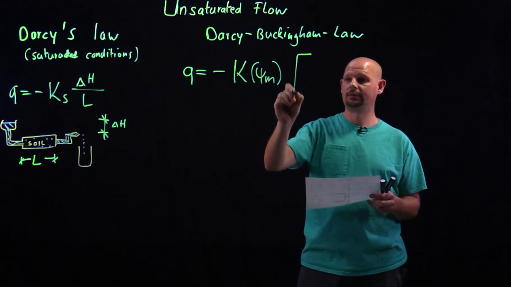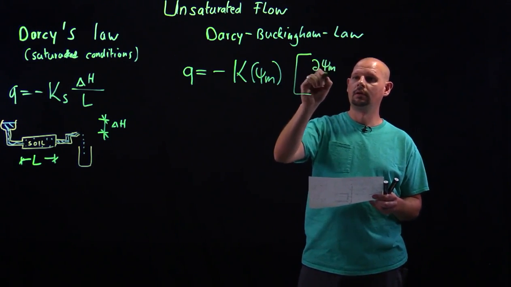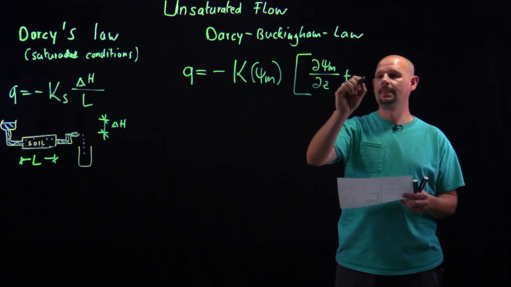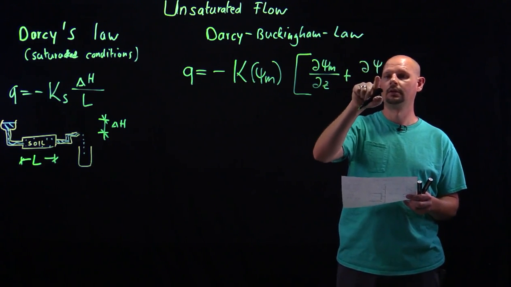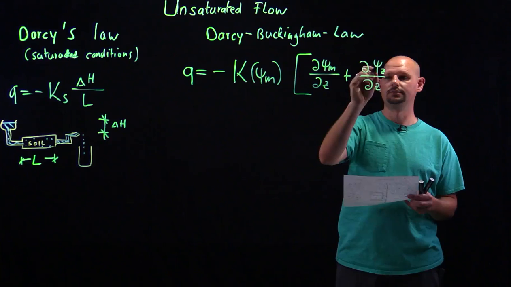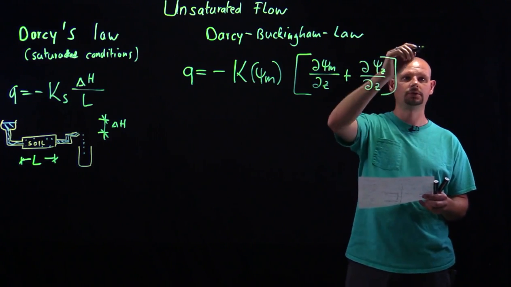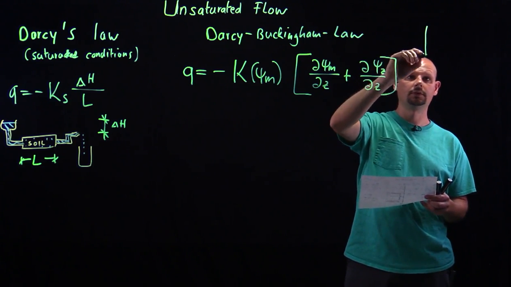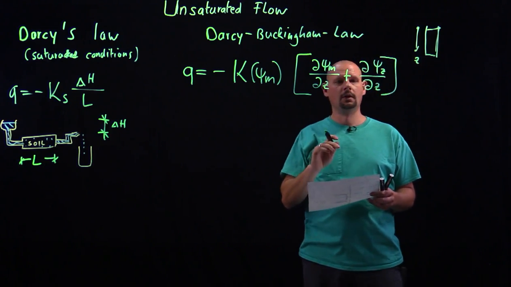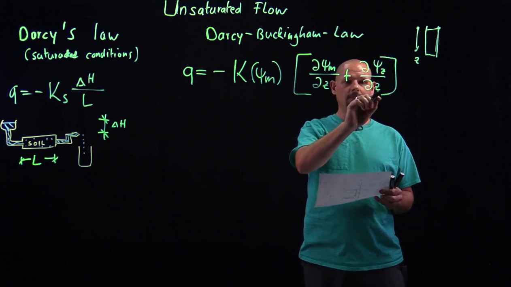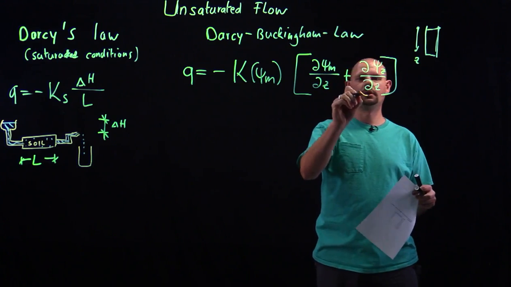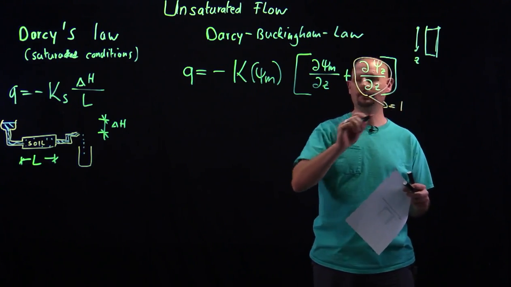So now we have the gradient of the matric potential with respect to a certain depth Z, and the gradient of the gravimetric potential also with respect to Z. So if we consider a one-dimensional case where we have a soil column, then this would be Z. This part is easily solved because that here equals 1.